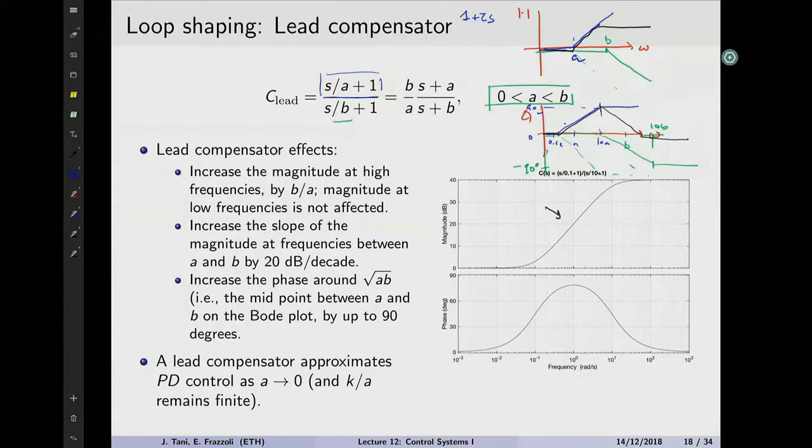So why is it a bad thing? It's a bad thing because you have to remember this concept of margins, very important, the margins of stability and the margin of phase, which are a measure of robustness, we said. And why was that? Because they represent the distance between your current situation and the critical point.